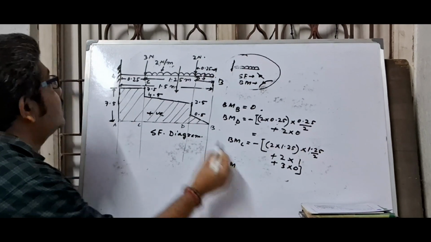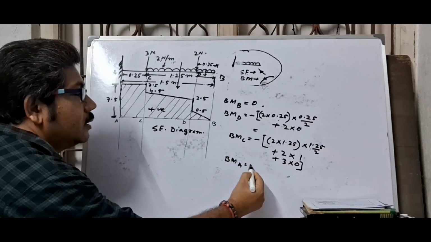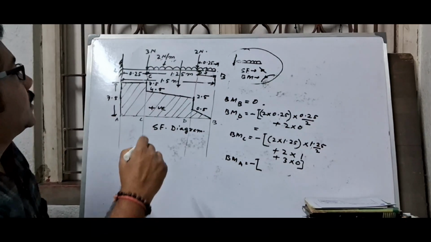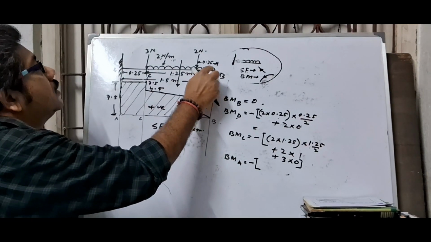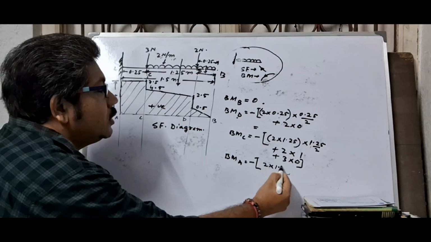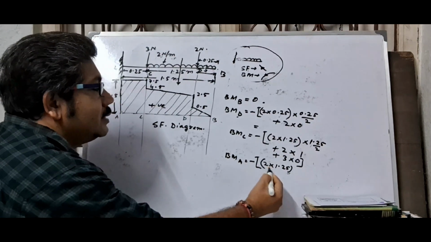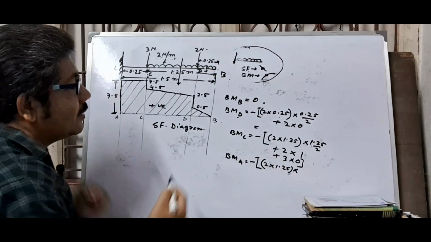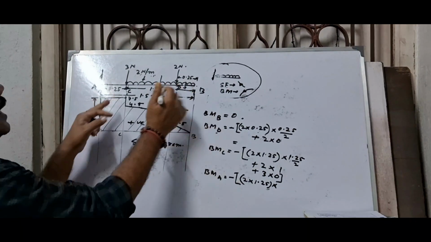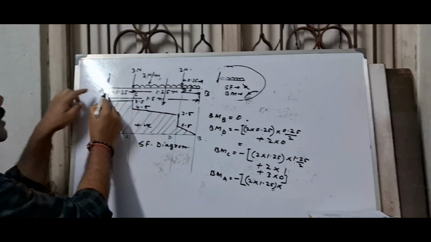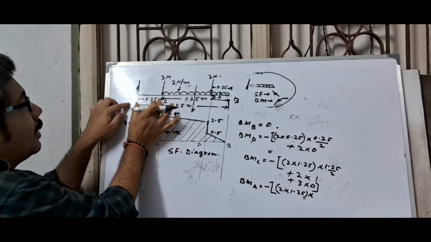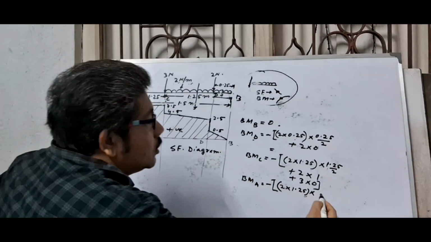Now BM suffix A at the fixed point. First of all, negative. At first UDL per meter 2, 1.25, so this is 2 into 1.25. This is the load. And remember, this load is acting at the middle point of BC and you are taking moment at point A. So the distance is 1.25 by 2 plus 0.25.